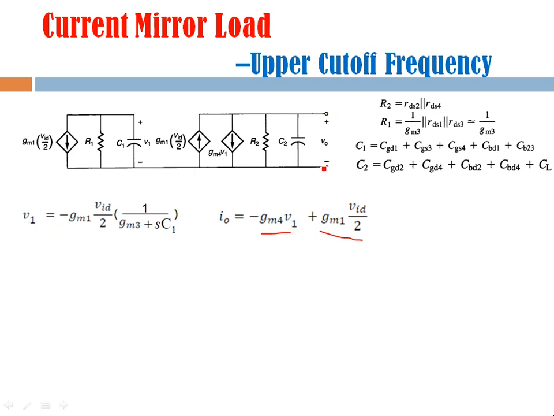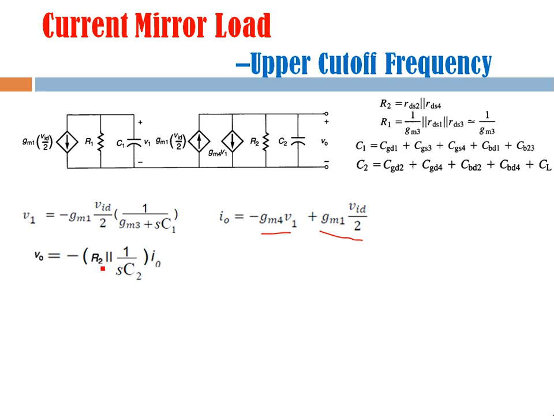Now this output voltage which is connected here, between this terminal and this terminal, if you want to find this output voltage, it is the net current multiplied by the net impedance offered by this section. So the net impedance is the parallel combination of these two.